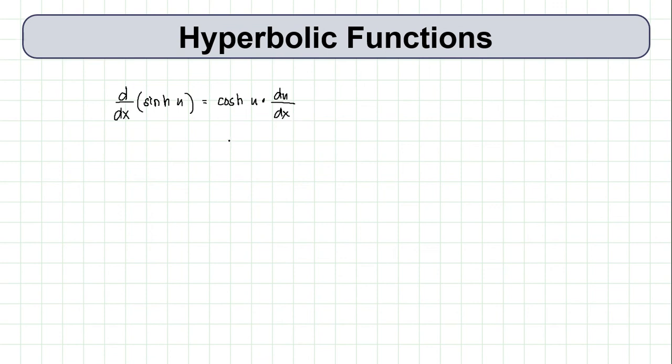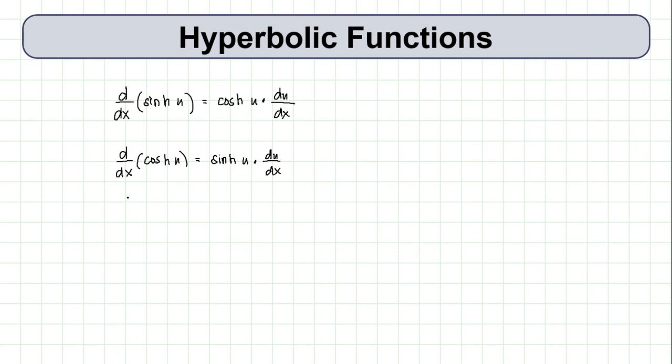Ganon din sa iba, no? Sa cosine naman, derivative with respect to x ng hyperbolic cosine of u, equal naman yan sa positive, no? Sine hyperbolic of u times du dx.